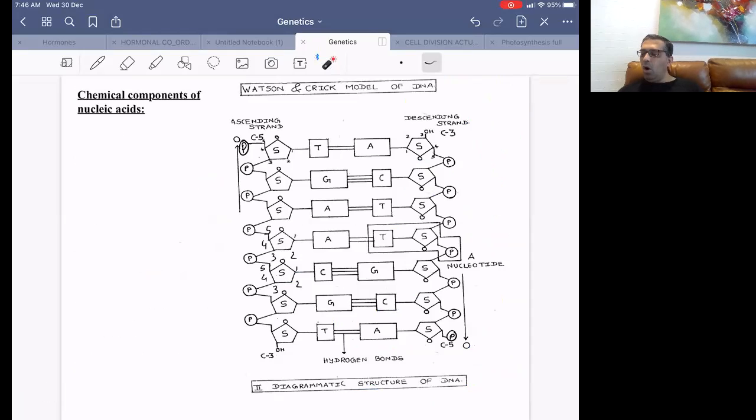Carefully: oxygen, first carbon, second carbon, third carbon, fourth carbon, fifth carbon, and you have nucleotide, nucleotide, nucleotide. This is a polynucleotide. Every phosphate is attached to two sugars: the fifth carbon of one nucleotide and the third carbon of the next. So phosphodiester, phosphodiester, phosphodiester, phosphodiester.